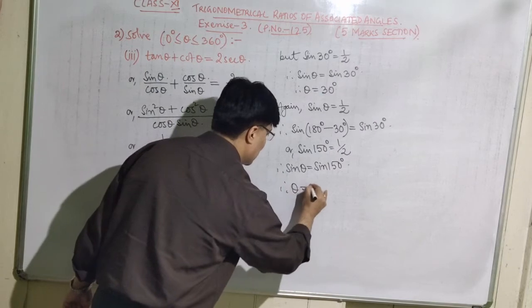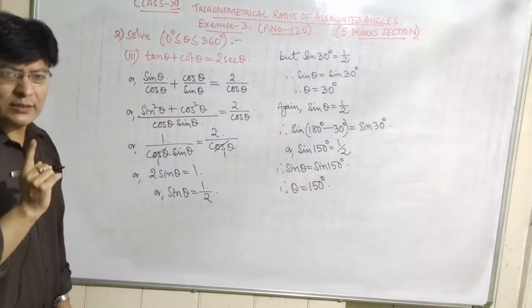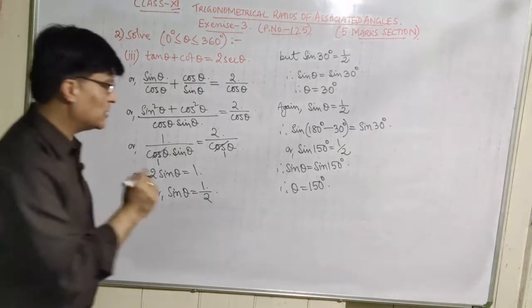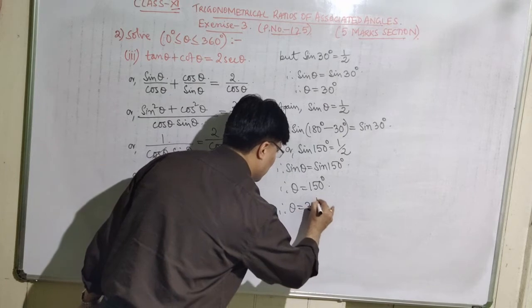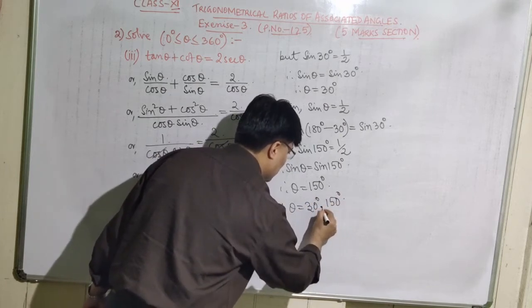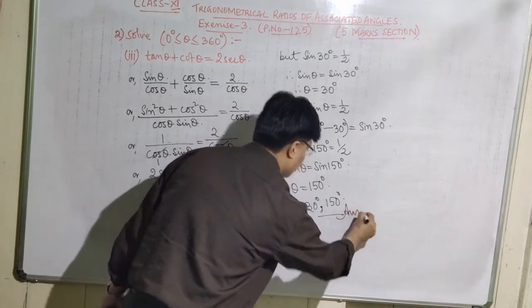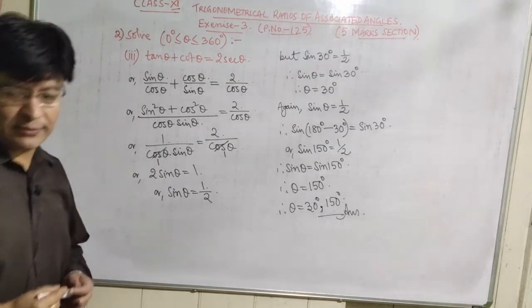That means theta is equal to 150 degree. So what are the required answers here? What are the values of theta? So you can write here, theta is equal to 30 degree, comma, it is 150 degree. So these are the answers. Understood? So you can copy it. Now we'll do the next question.